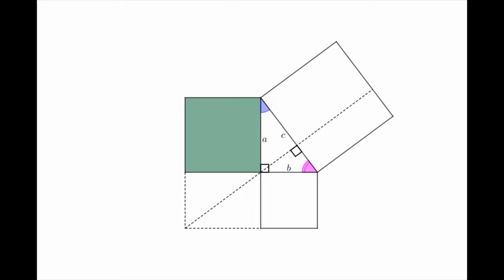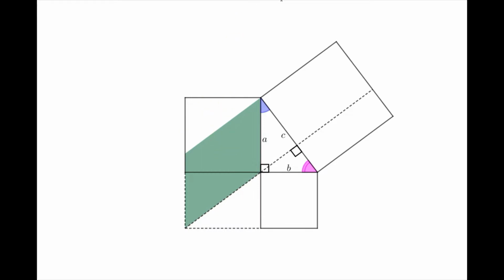Let's start with the square that's on side A. And we'll use that property that if I keep the base and the height the same, the area is going to stay the same. So I'm just going to shift it down like this, keeping that height the same. So this area is the same as the original square. Now I'm going to do it again, except this time I'm going to use this as the base and this as the height.